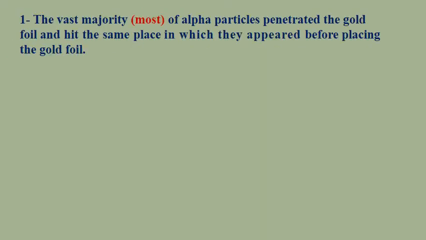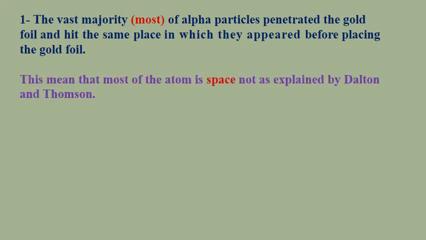Rutherford observed that most of the alpha particles penetrated the gold foil. And this means that the atom contains a lot of space, not like Dalton and Thomson said. They said that the atom is a solid sphere.